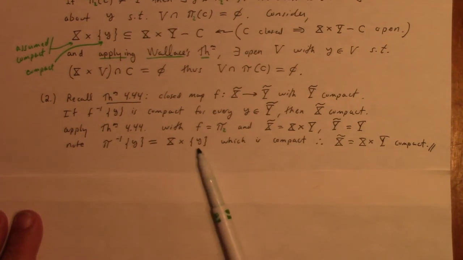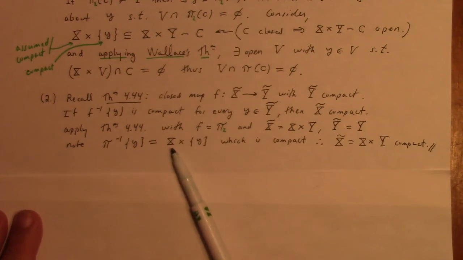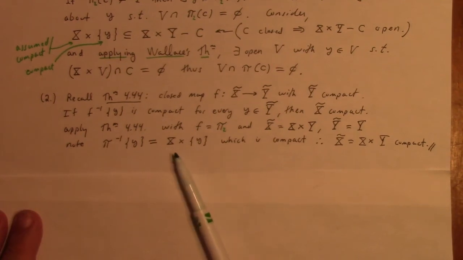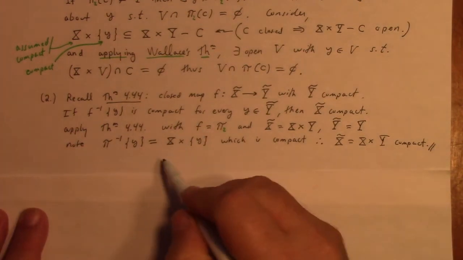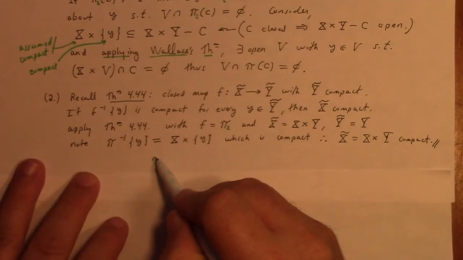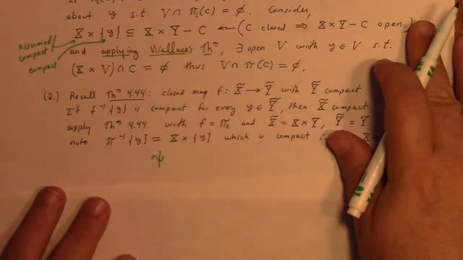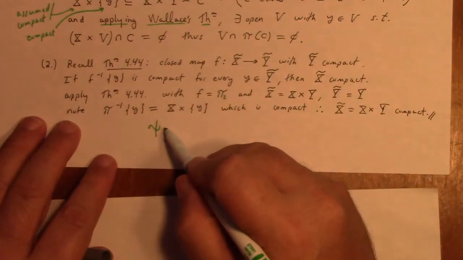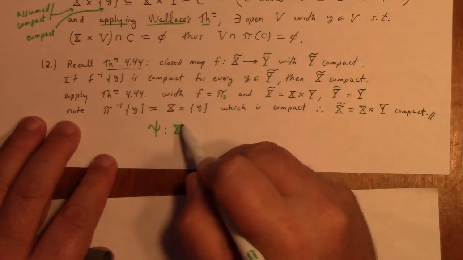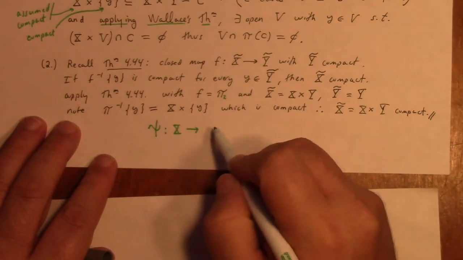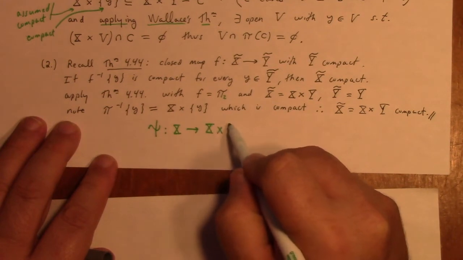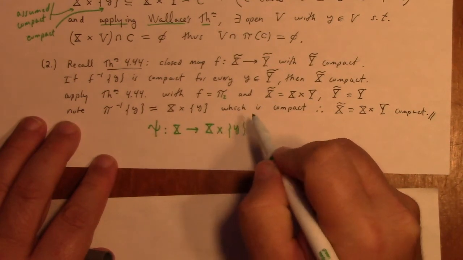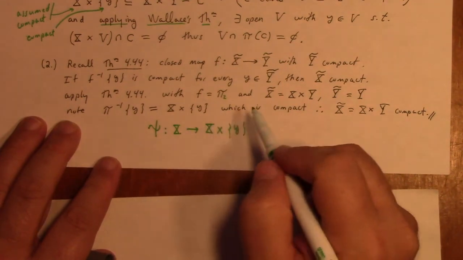And so there's an obvious one-to-one bijection between the set X and this set, namely P maps to P comma y. The homeomorphism I'm talking about, let's say psi, is this. You can prove that this is a homeomorphism, and if it's a homeomorphism, it preserves compactness.